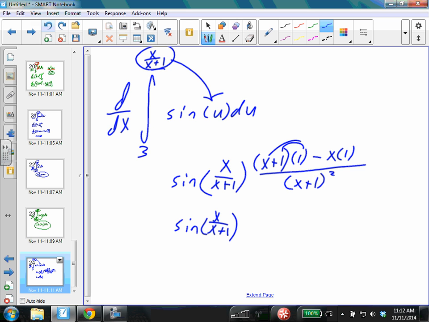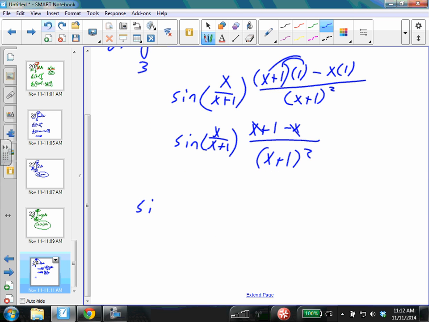And then if we distribute this 1, we get x plus 1 minus x over x plus 1 squared. These two x's cancel one another out. So it's sine of x over x plus 1 times 1 over x plus 1 squared.